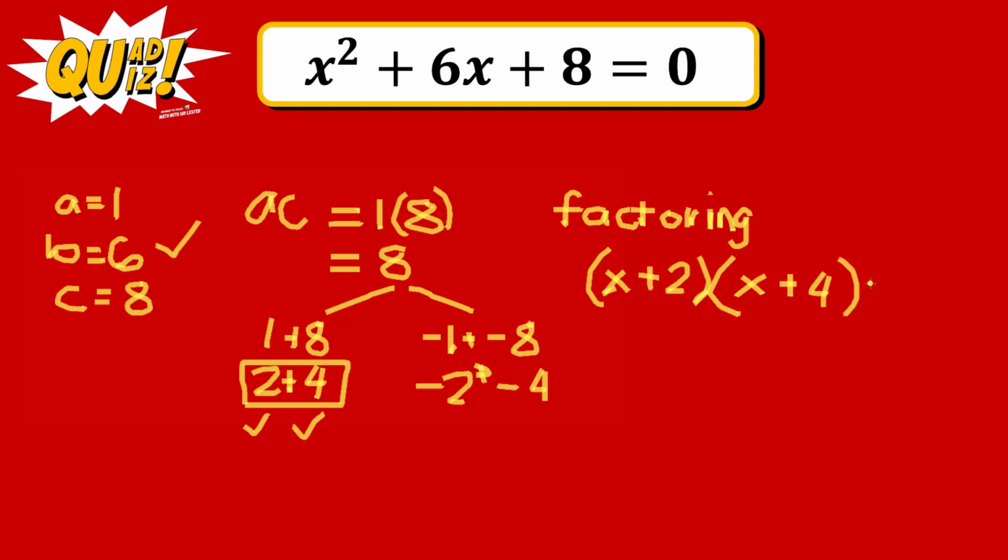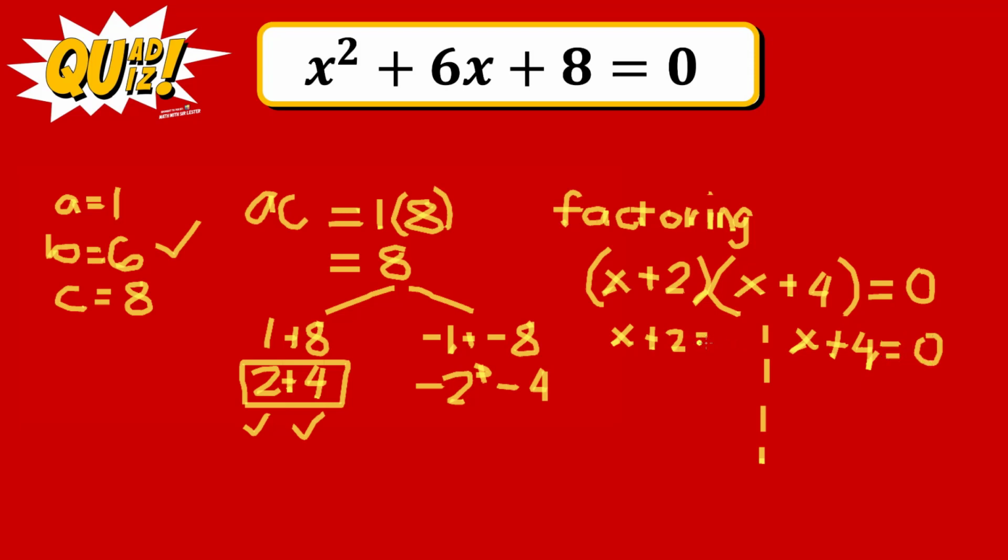Now that we have these factors, since we're looking for roots, these factors should be equal to 0 as stated here in our given. We can now use here the zero factor property or the zero product property, which tells us that this is only true if one or both factors, x plus 2 and x plus 4, are equal to 0.